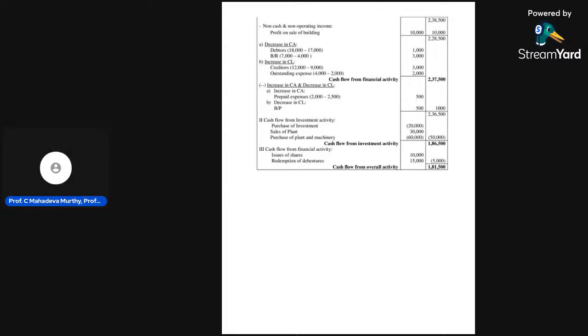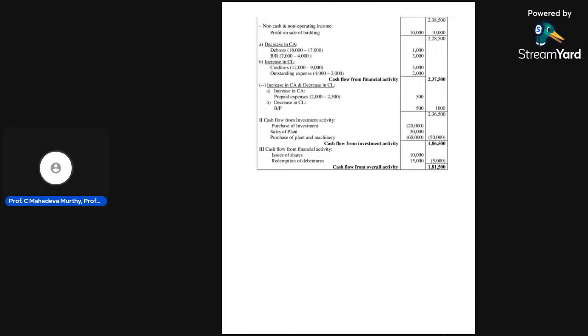The next, second category, is cash flow from investment activity. Here: purchase of investment 20,000, sale of plant 30,000, purchase of plant and machinery 60,000.